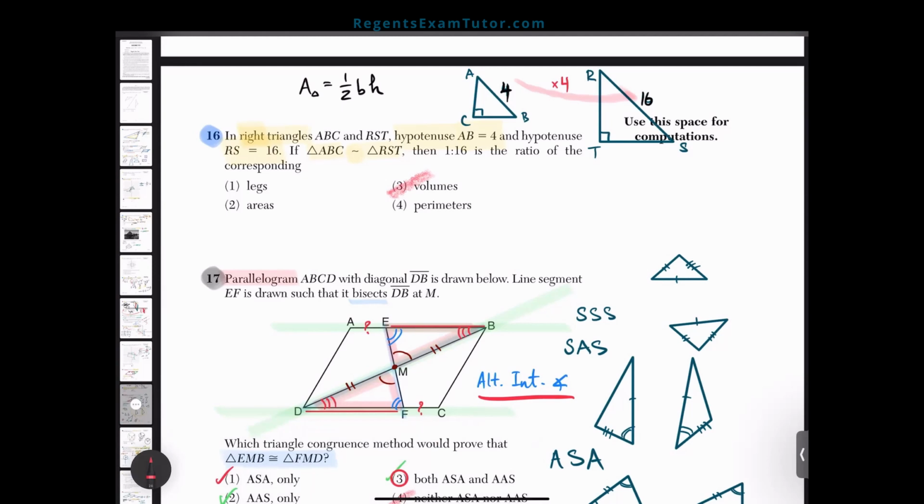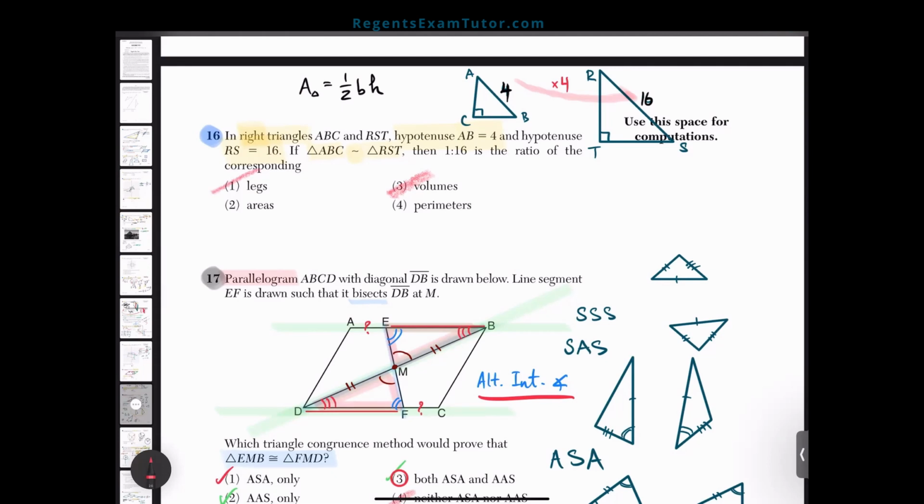You wouldn't be that interested in answer choice 1 because we can already tell from just the 4 and the 16 that that's a scale factor of 1 to 4. It has a ratio of 1 to 4, not 1 to 16. So what would give it a scale factor of 1 to 16?